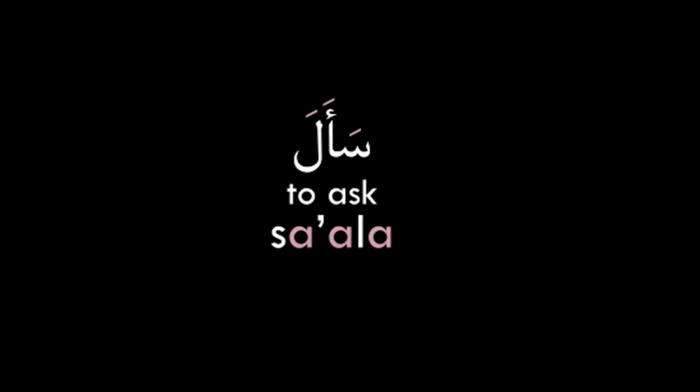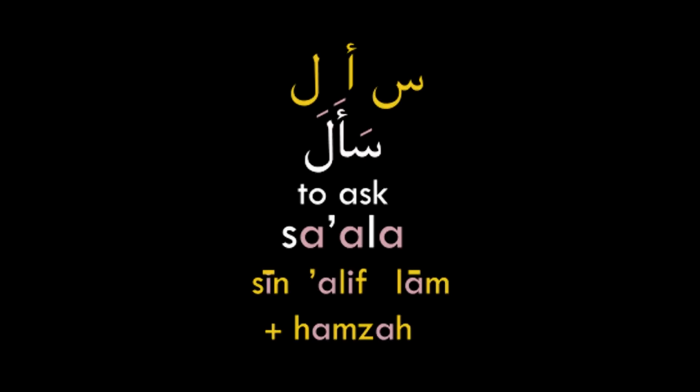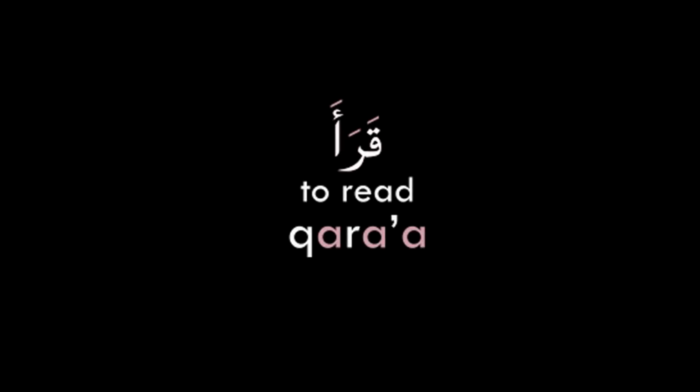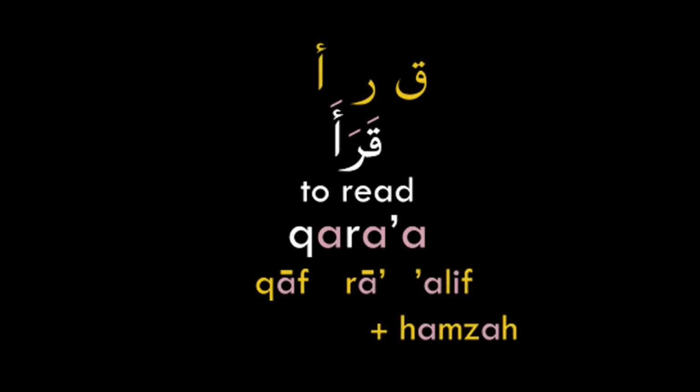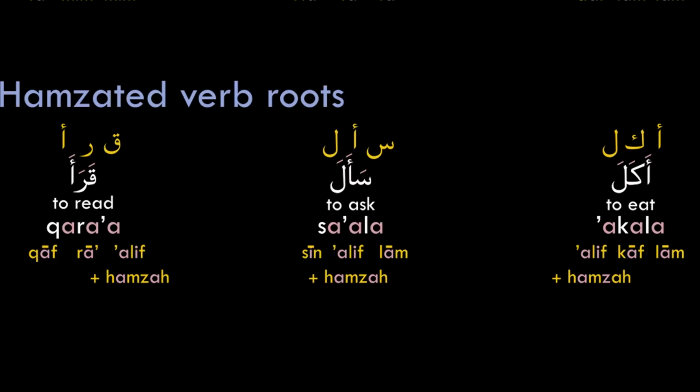The root letters are sin, alif with a hamza, and lam. Here the hamza is the second letter, or qara'a. The root letters are qaf, ra, and alif with a hamza. Here the hamza is the third letter. We call this type of verbs hamzated verb roots, الفعل المهموز.